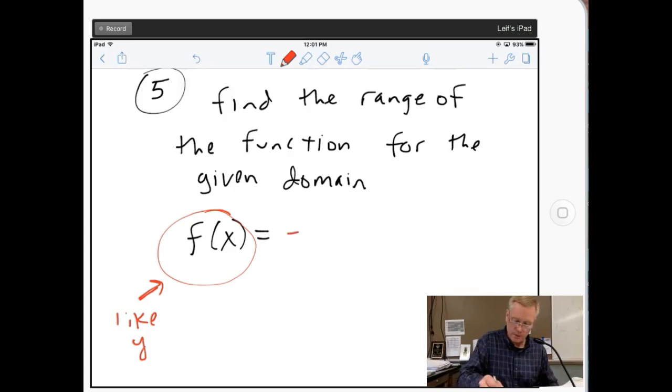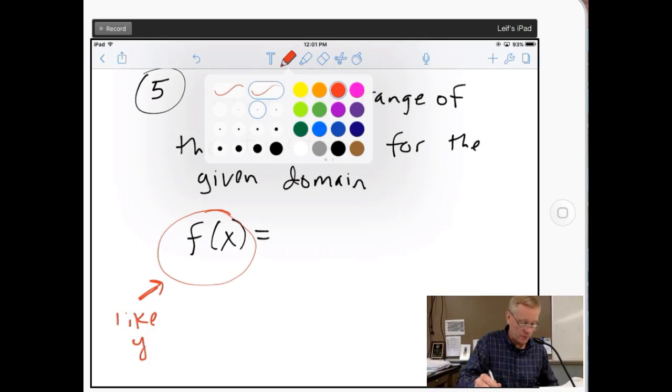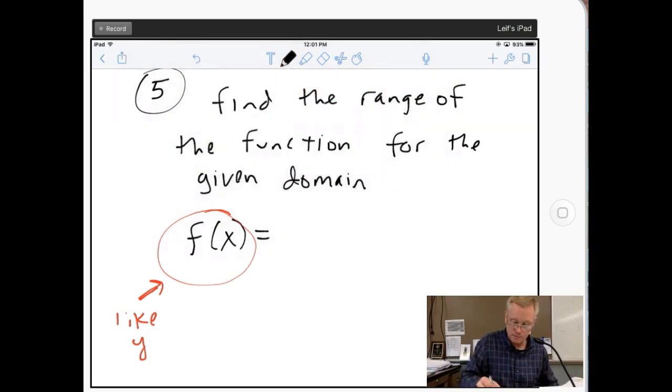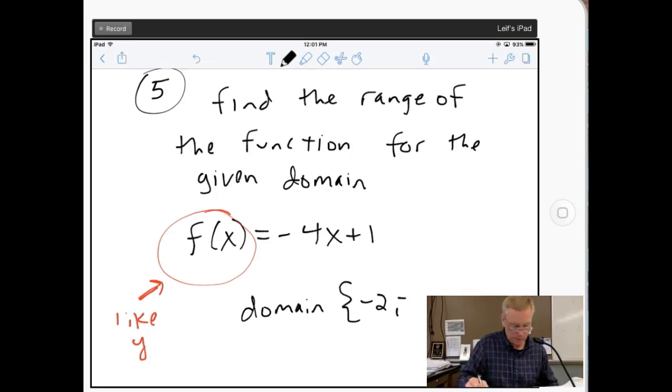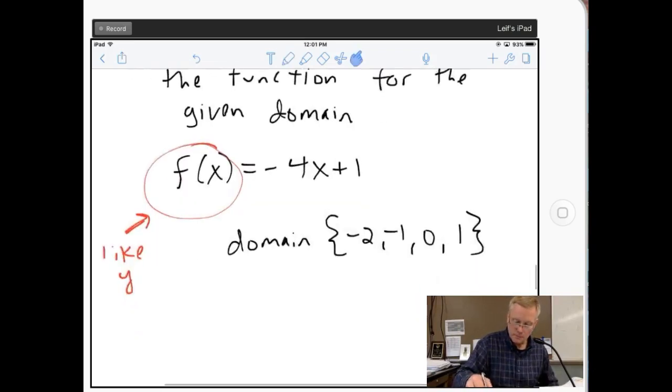So if I go back to this, the function is f of x equals -4x plus 1, and the domain is -2, -1, 0, and 1. And what I need is the range.